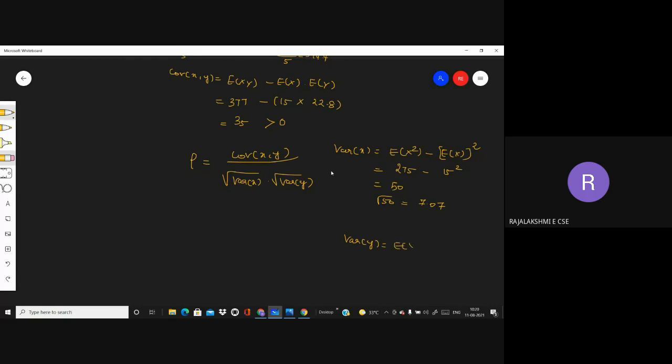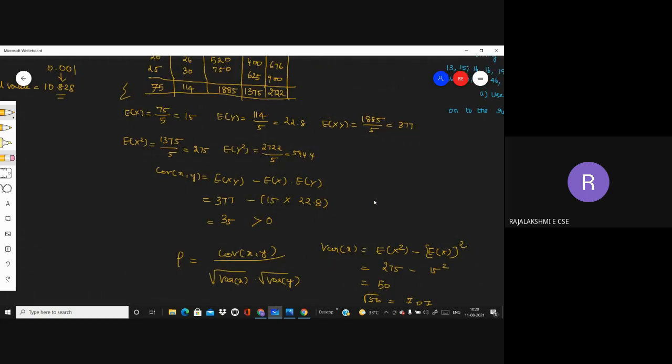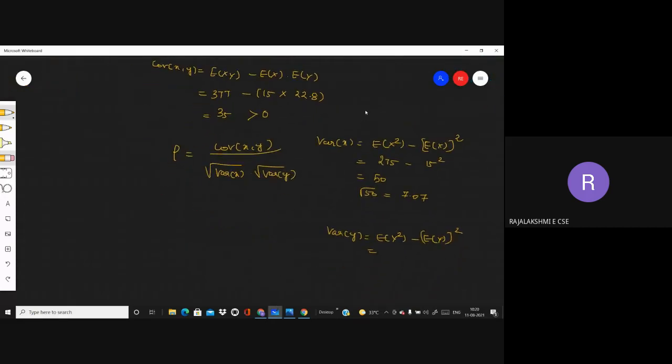E of y square minus e of y the whole square. E of y square is 544.44. E of y is 22.8 the whole square. Come on, can anyone say the answer?